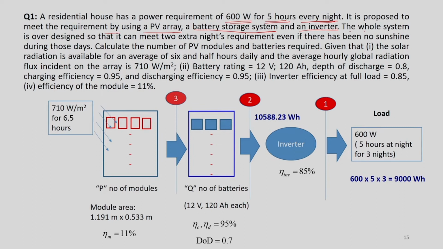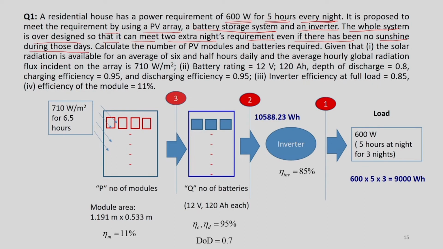The whole system is over designed so that it can meet 2 extra nights requirement, even if there has been no sunshine during those days. So, we have to design for 3 nights, right.